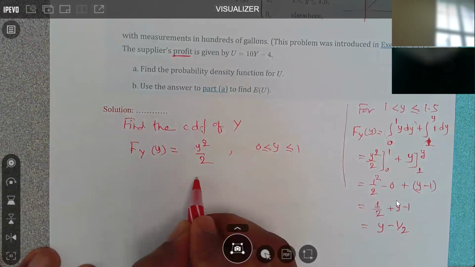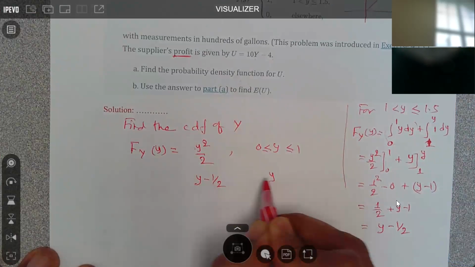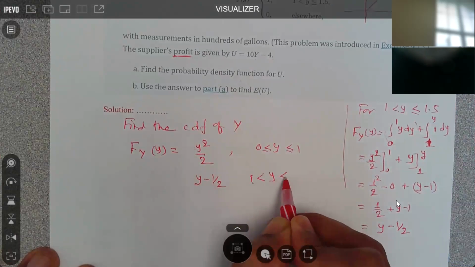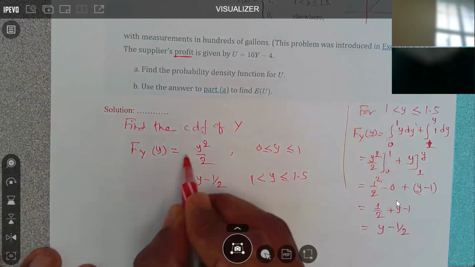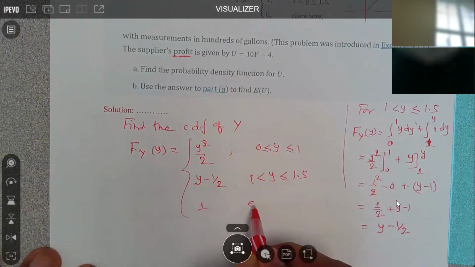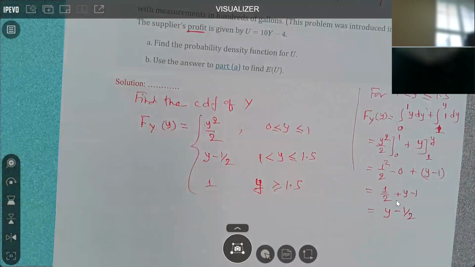So this is equal to Y minus 1 over 2 when Y is greater than 1 and less than or equal to 1.5, and 1 elsewhere, for Y greater than or equal to 1.5, right?